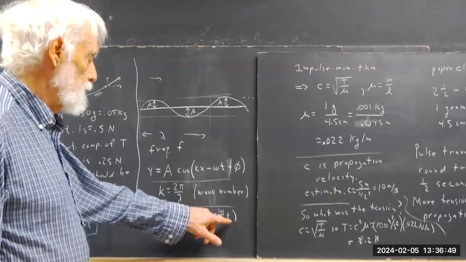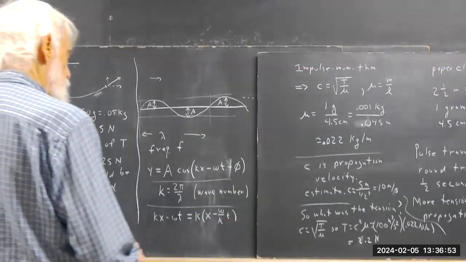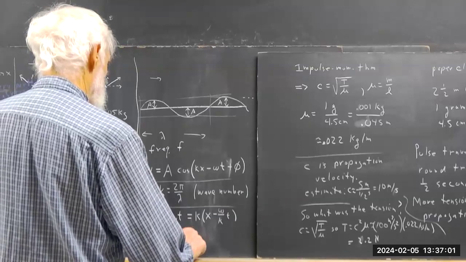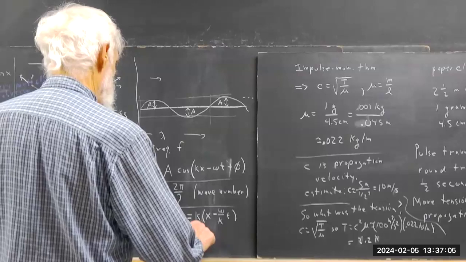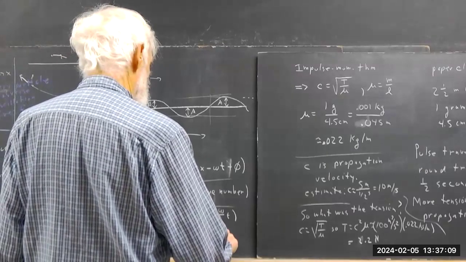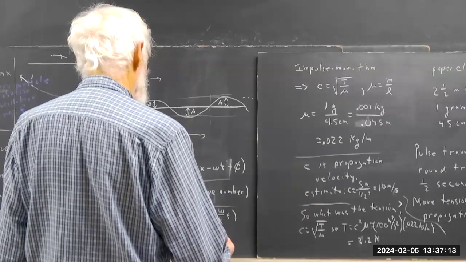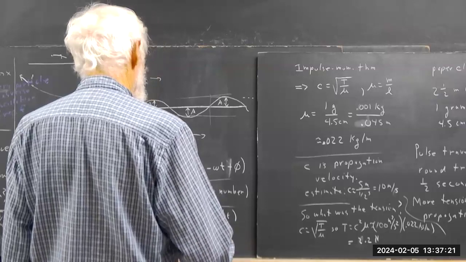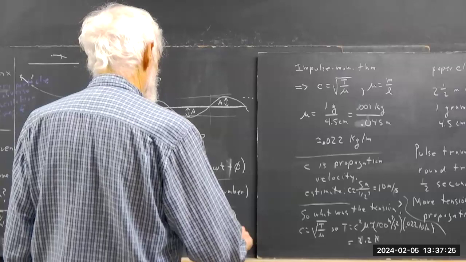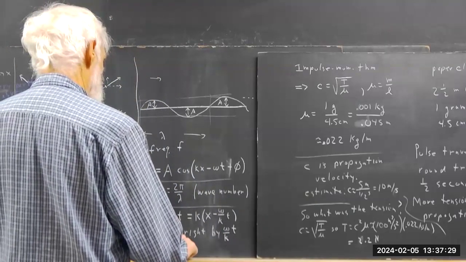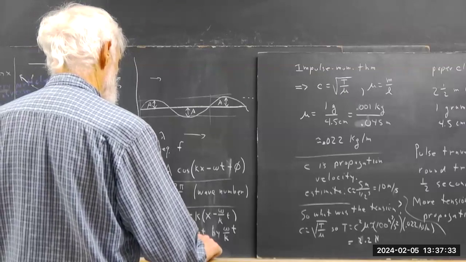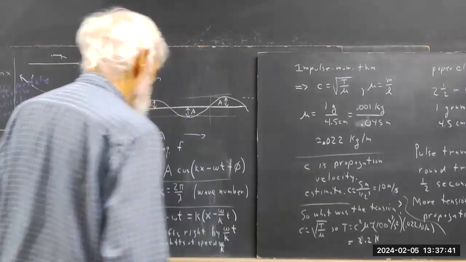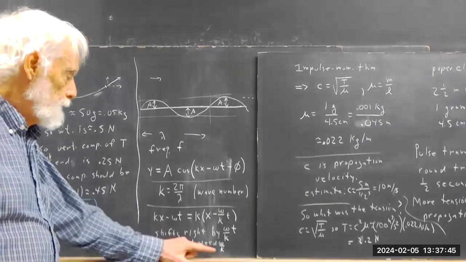This is k times the quantity x minus omega over k times t. So it shifts at speed omega over k.